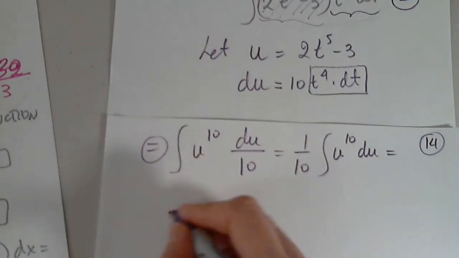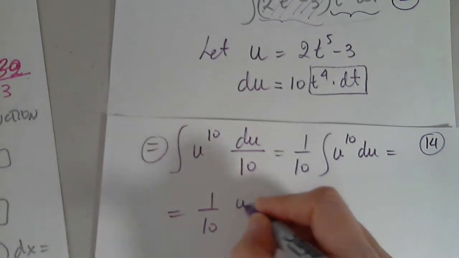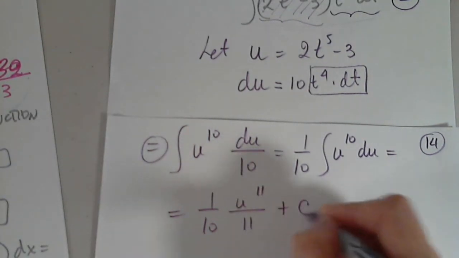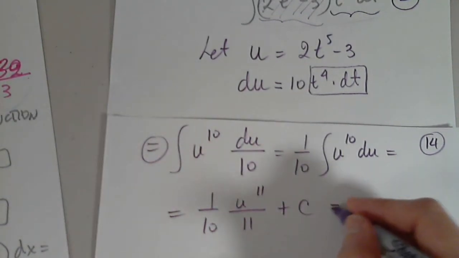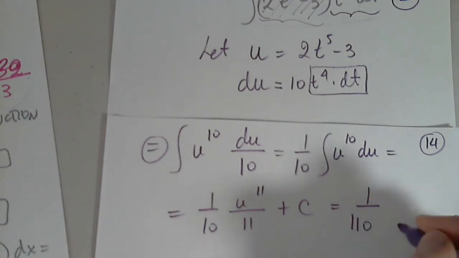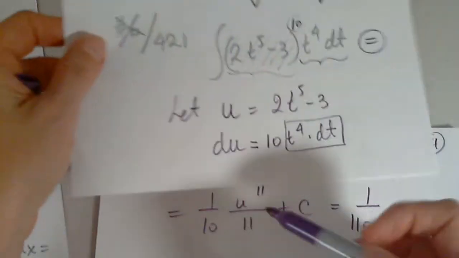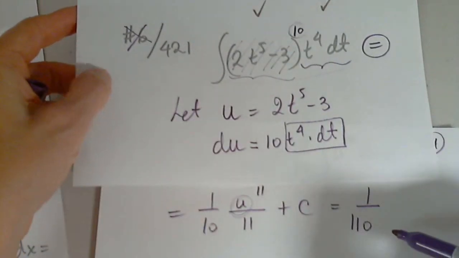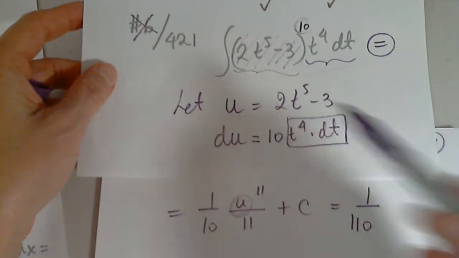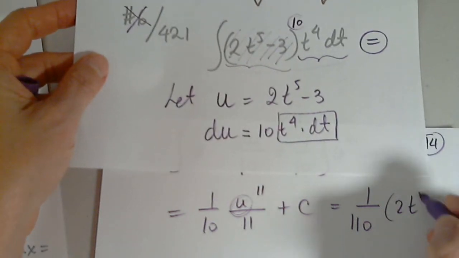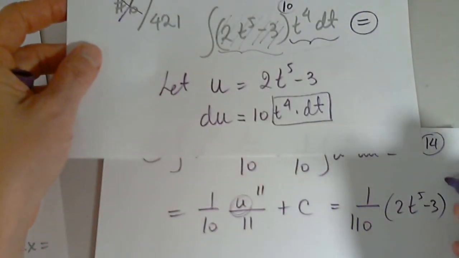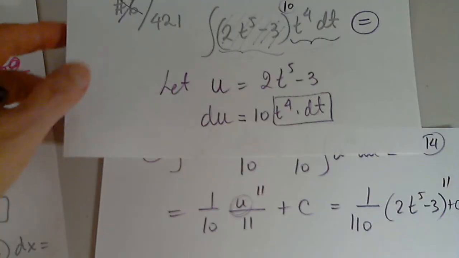So then the answer is 1 over 10 times u to the 11th over 11 plus a constant c, or 1 over 110. Now I have to go back to the original variable. At the very last step, I have to replace u by what I used to denote it, to the power 11, plus a constant c.